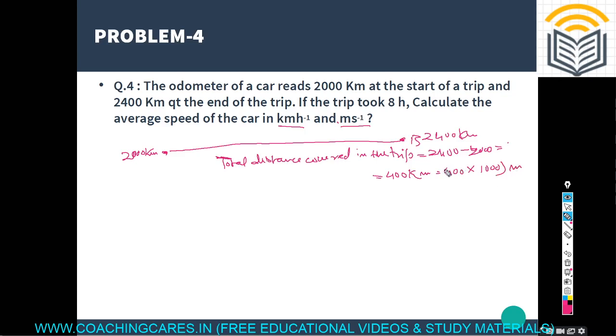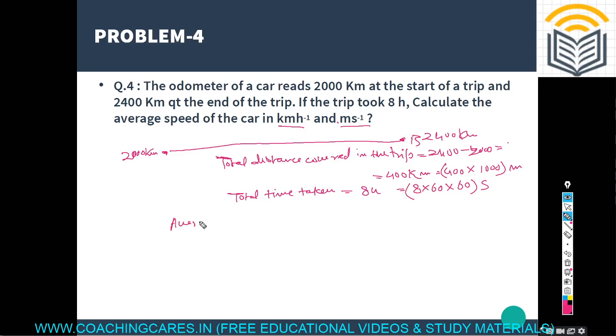This is in meters. So average speed, yes, total time taken is equal to 8 hours, which is equal to 8 into 60 into 60 seconds.